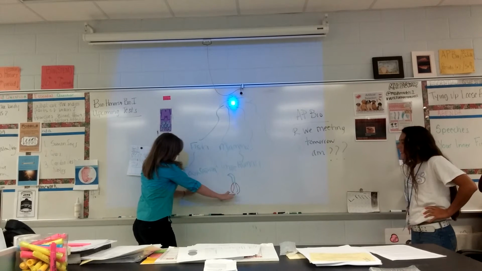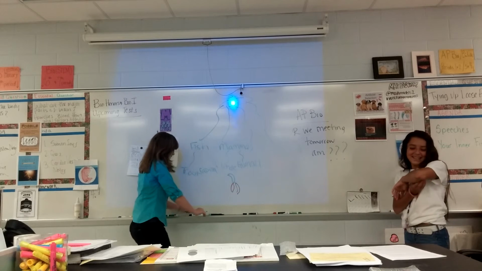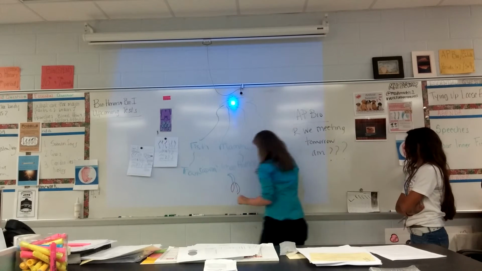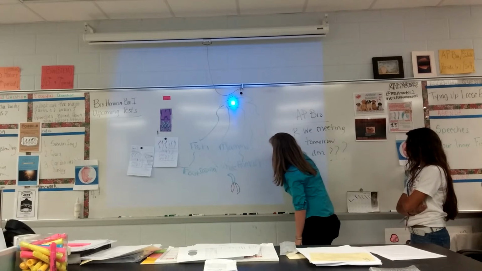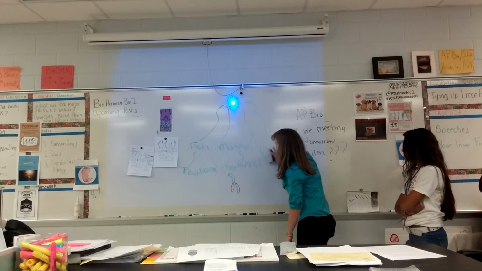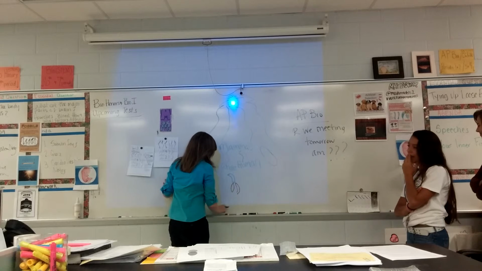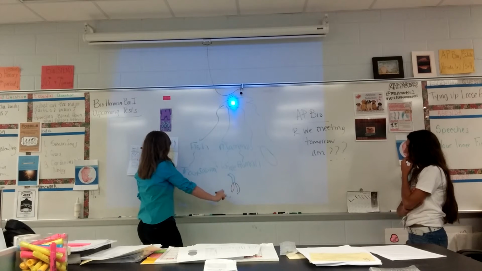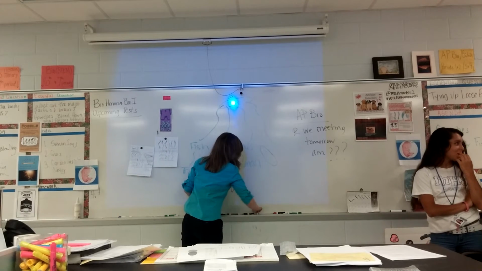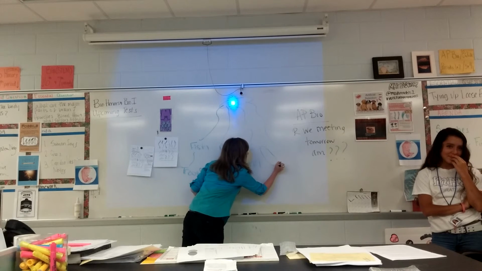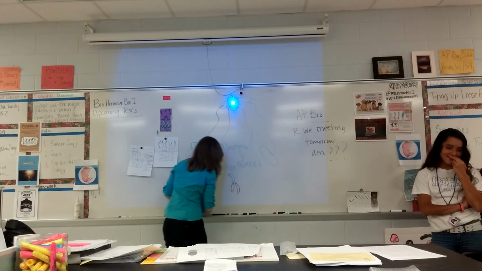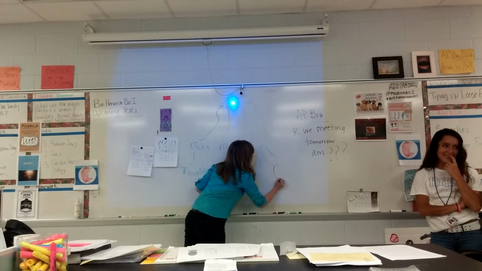Now this is very small in comparison to, for example, a human, which would have, just bear with me here, this is the humerus, okay? And then you would have the ulna, again, and then you would have radius.